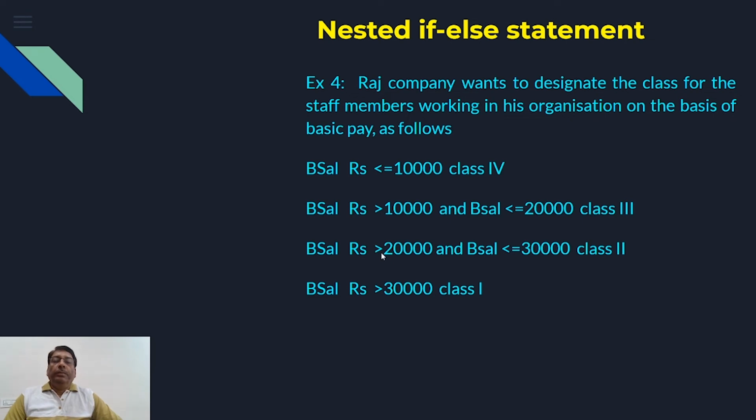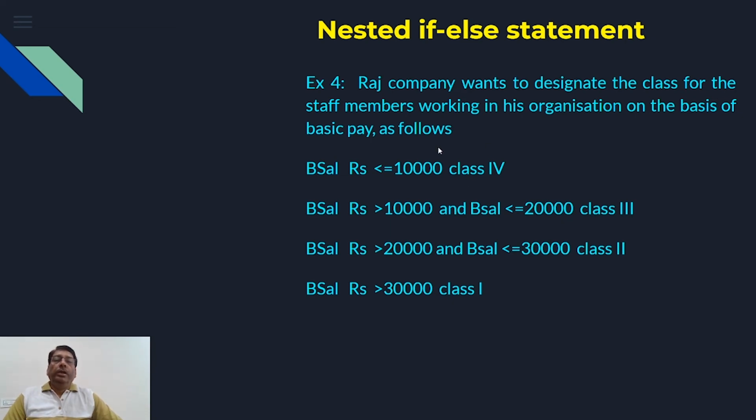Otherwise, if your basic salary is greater than 20,000 and less than 30,000, you are going to designate as class 2. If the basic salary happens to be greater than 30,000, you are going to designate the employee as class 1 employee. So on a basis of the basic salary, either you are going to designate the employee as class 1 or class 2 or class 3 or class 4 employee and so on.